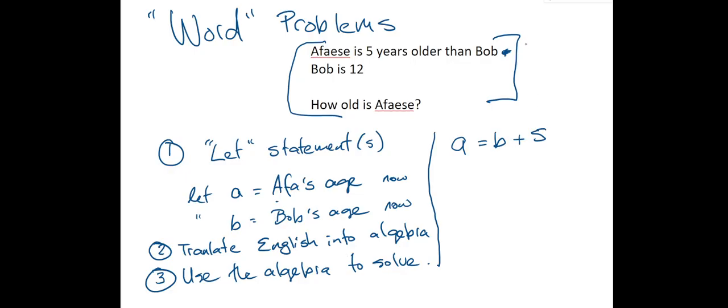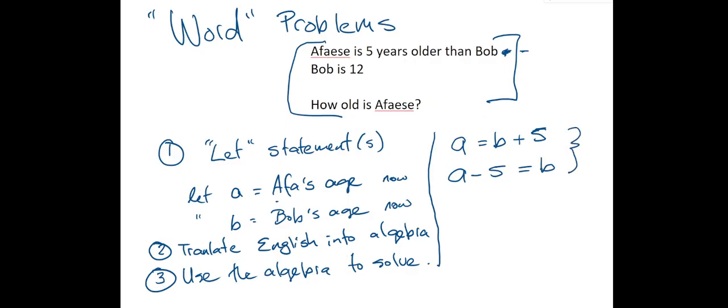So just run that through in your head. This first sentence here is exactly the same as this one. This is a 5, not an S. Another way we could say it, if we took Arthur's age and we took 5 years away from Arthur's age, it would be the same age as Bob.